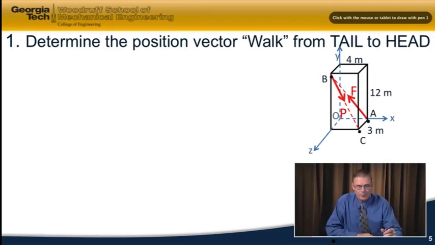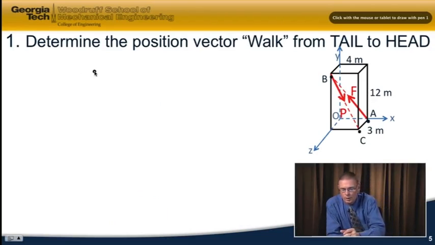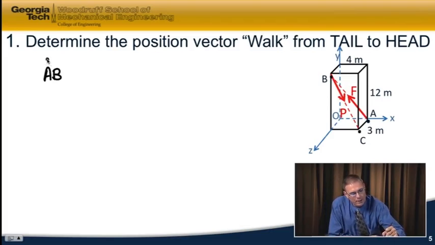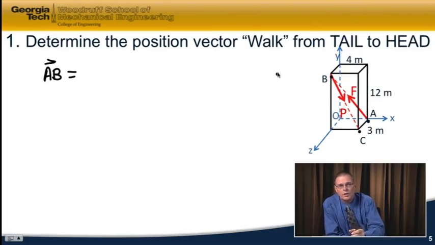So the first step is to find the position vector along the line of action of the force. In this case, the force F goes from point A up to point B. And so we're looking for the position vector from A to B. And what we do is, as I mentioned here, we walk from tail to head. The tail of the force is at point A. The head of the line of action for the force is at point B. And so in going from point A to point B, we see how far do we go in the x direction.